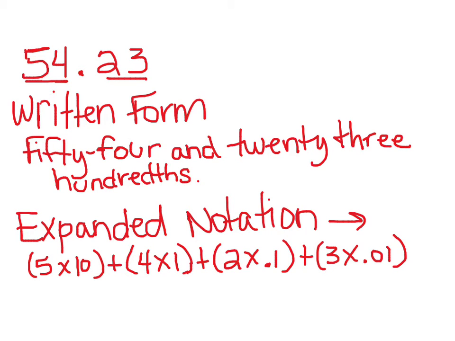So that is written form, expanded notation. And then, of course, this is our standard. Standard form is where you just take it and write it in numbers. So if I give it to you in written form, and I ask for standard form, you're putting it in numbers.